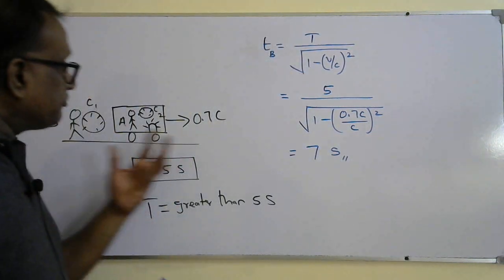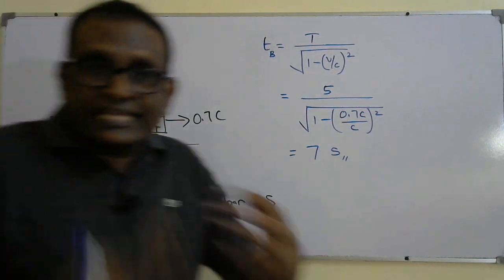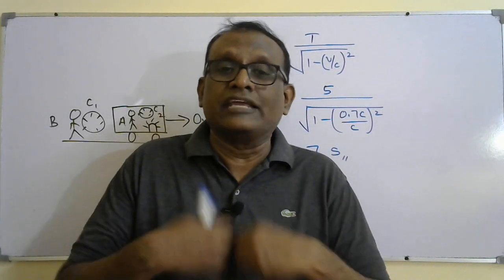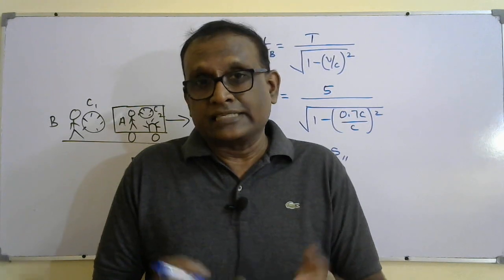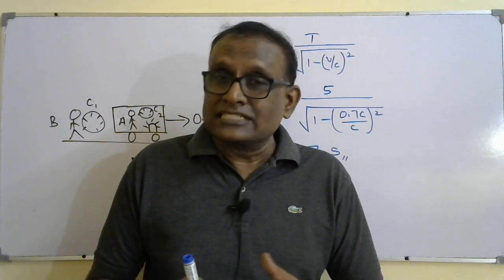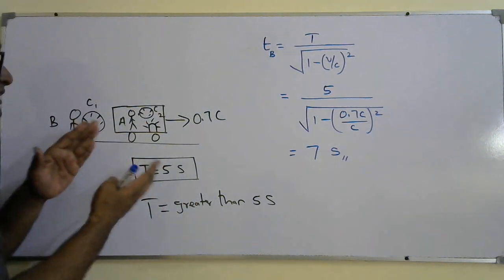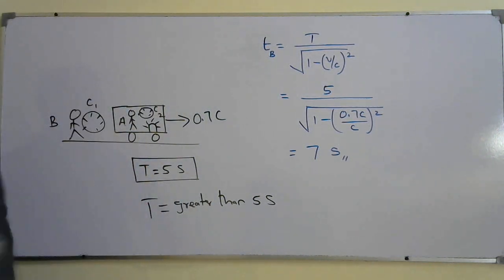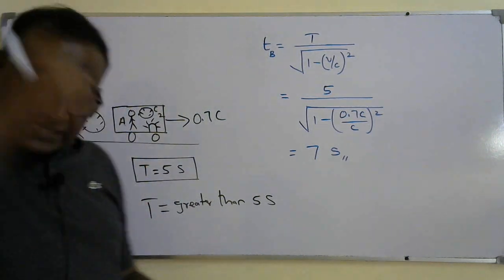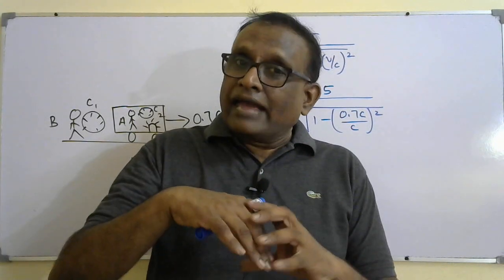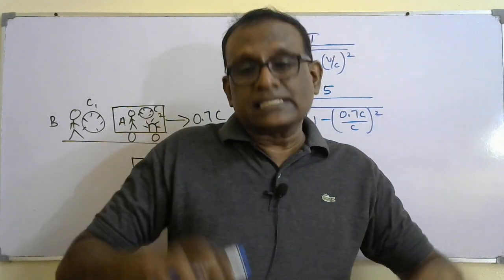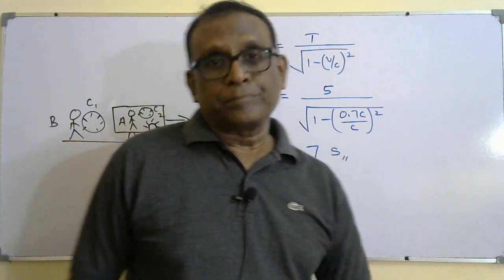Not only for the emission of light, but for any event, for a chemical reaction or even a biochemical reaction in a living organism, everything will take longer when observed from outside the moving vehicle. But the observer inside the moving vehicle won't have any change in the measurement of time.